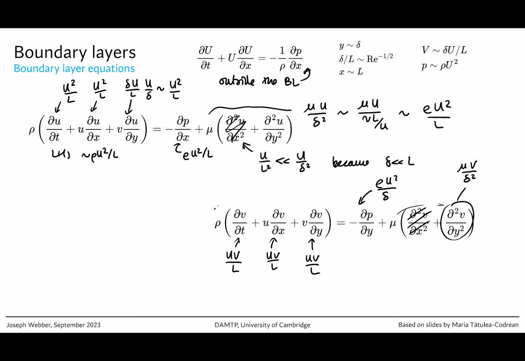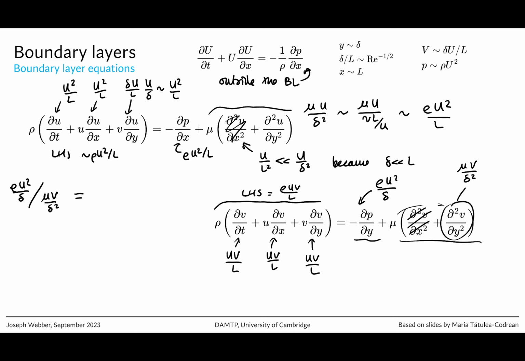So let's compare the left-hand side, which is equal to rho u v over L, with this term here, which is just our pressure, and this term here, which is our Laplacian. Okay, so first of all, we're going to take the ratio of pressure term, rho u squared over delta, to the Laplacian term, mu v over delta squared.